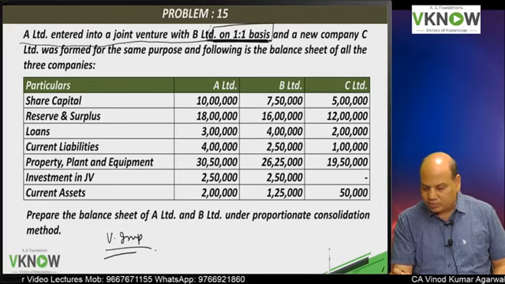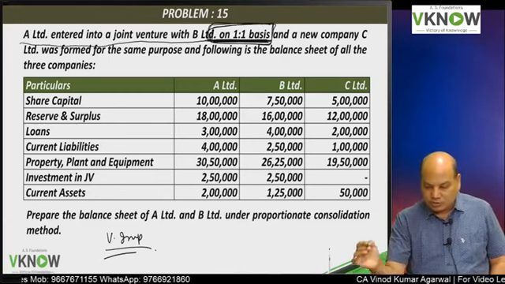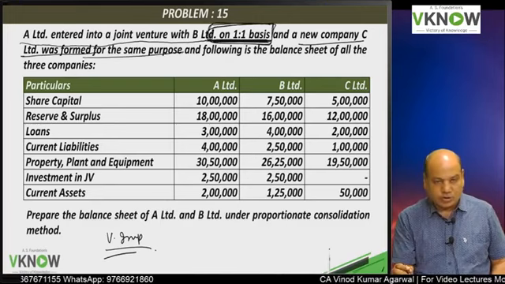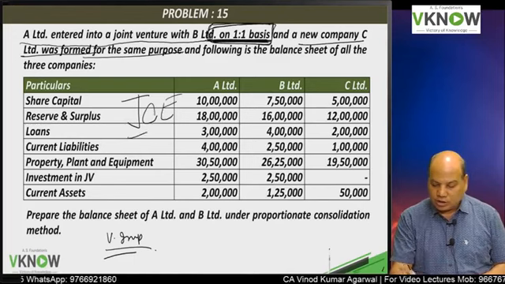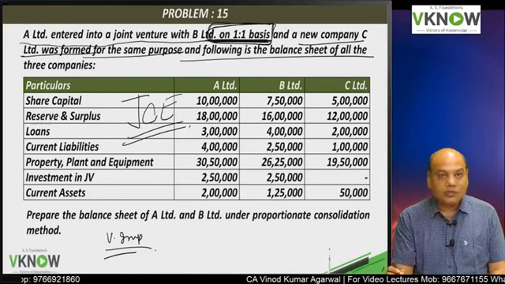Very easy. Both partners are having equal stake in the joint venture, 50%, and a new company C Limited was formed for the same purpose. So this is an example of jointly controlled entity, because a new entity was created.